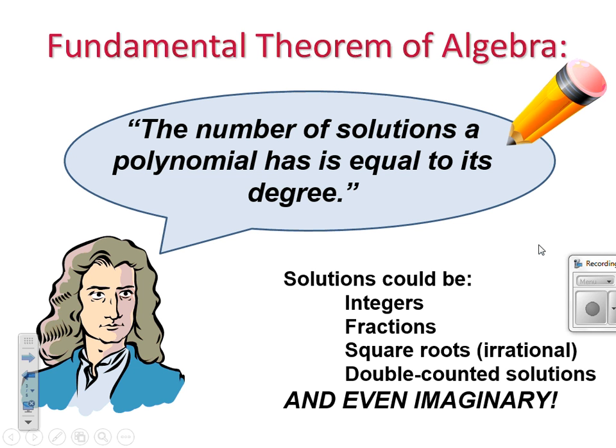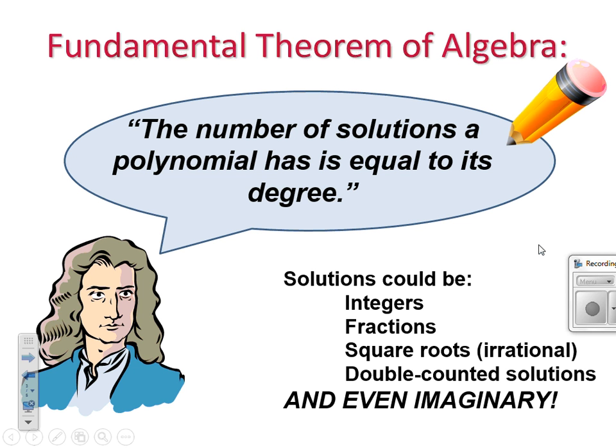Now, so far, those solutions that we have found have always been rational or nice, okay? Now when we're finding all solutions, they're not always going to be nice. So sometimes they will be integers and they'll be nice, or they'll be fractions, okay? But sometimes they're going to be square roots. That means they're irrational.